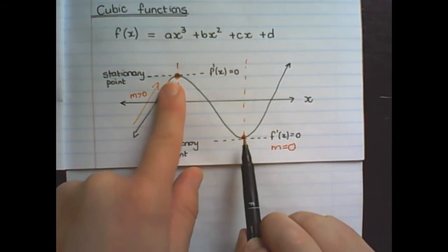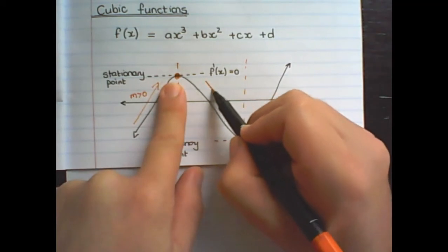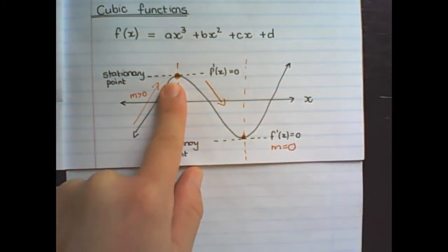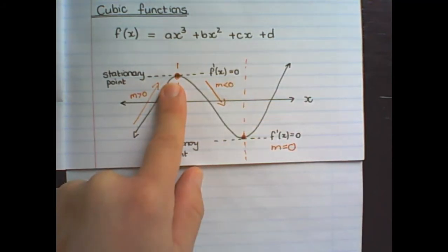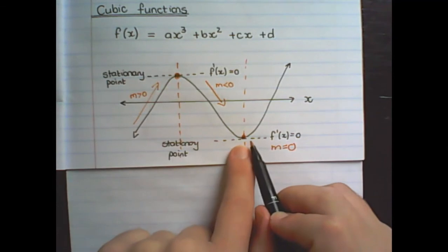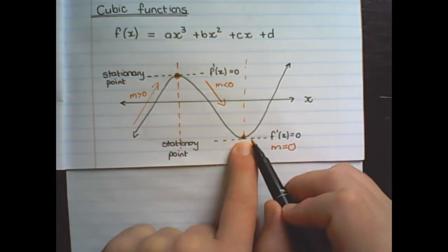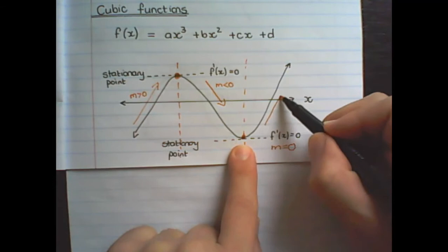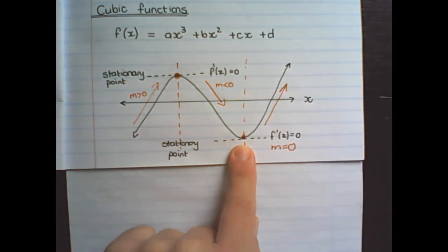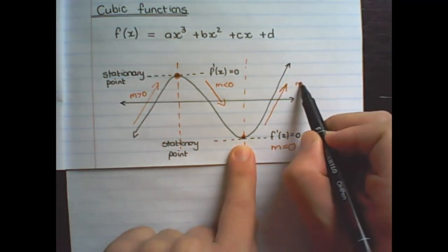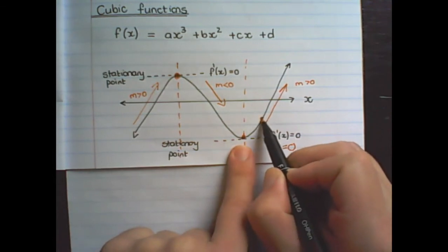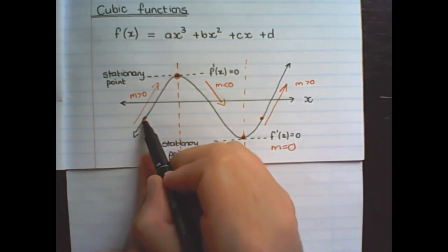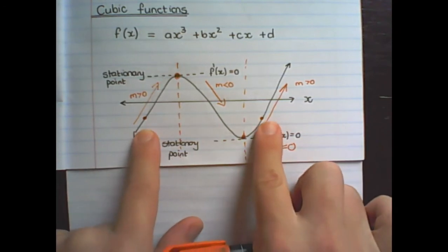Then, between the two stationary points, the gradient is going downwards. It is decreasing. The gradient is smaller than 0. And in moving towards the right, from this stationary point, the gradient is increasing again. So therefore, bigger than 0. It is then possible to have two tangent lines that are parallel to each other.